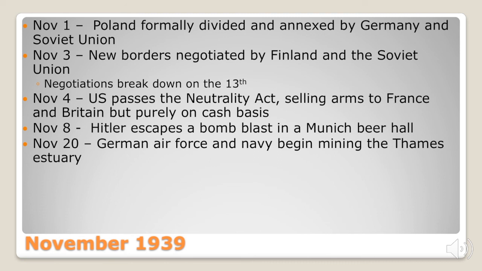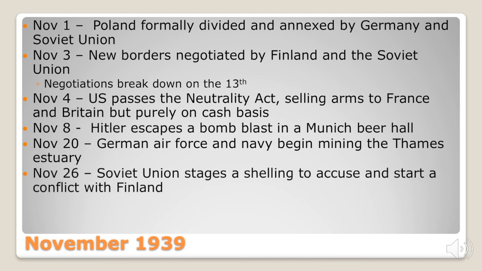On the 26th, the Soviet Union stages a shelling to accuse and start a conflict with Finland. And this is the beginning of the Winter War.